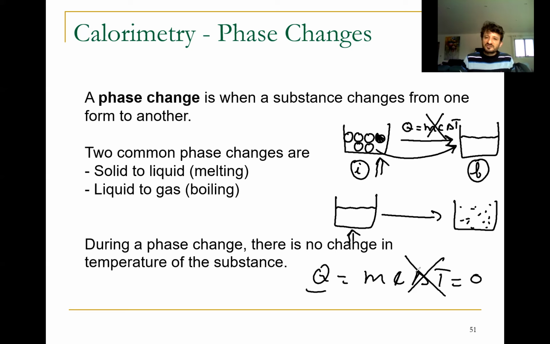And we cannot use Q equals mc delta T. In the next slide, I will explain which equation you can use in the case of phase change. The second point: if you want to calculate Q, you have to use another equation.